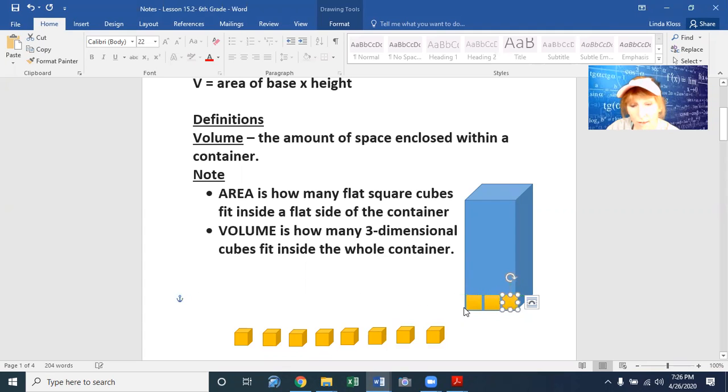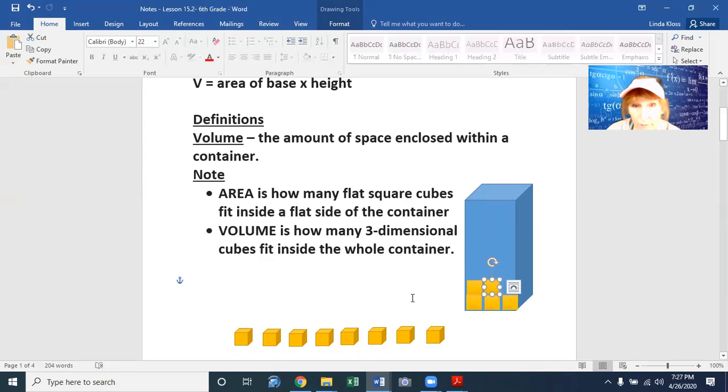So I could keep going until I fill the whole side up with yellow squares, correct? Yeah. So that's what area is. It's how many of these squares of a certain size, 1 inch by 1 inch or 1 centimeter by 1 centimeter, will fit on the flat surface of the side of this container?